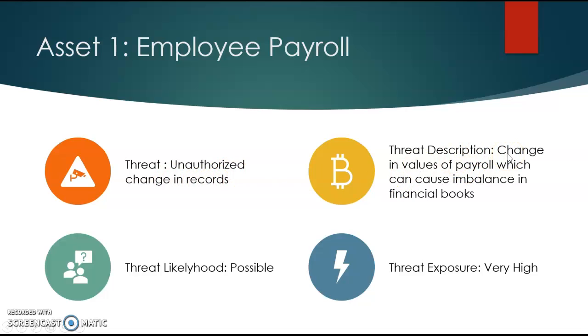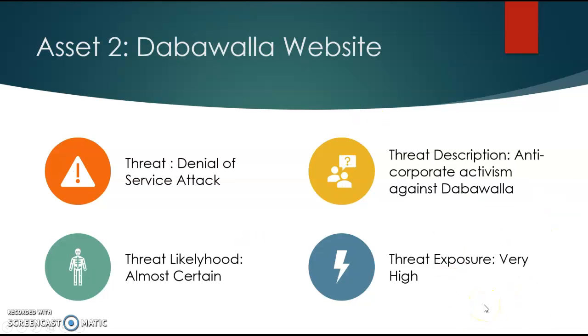This would be like a change in values in the payroll that could cause an imbalance in the financial books. The likelihood of this threat is that it might be possible that it might happen, and the exposure of this threat is very high.